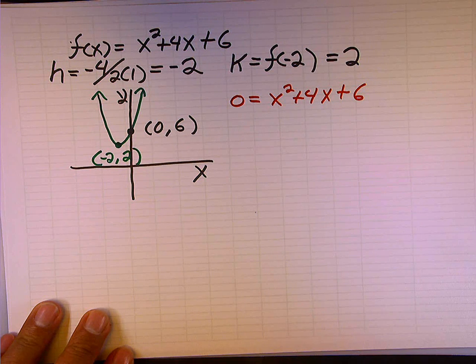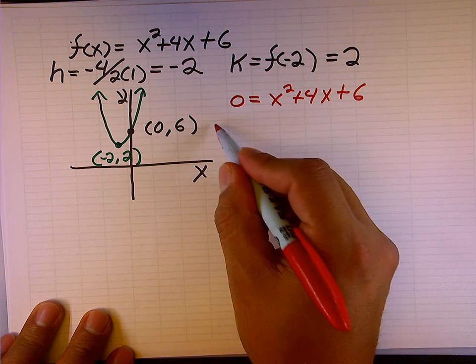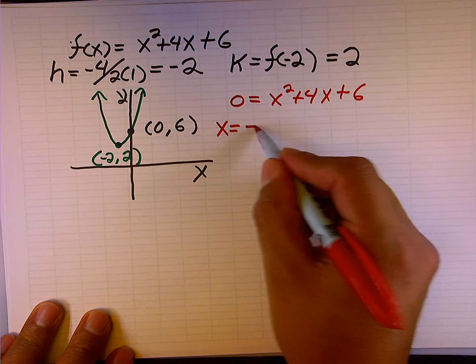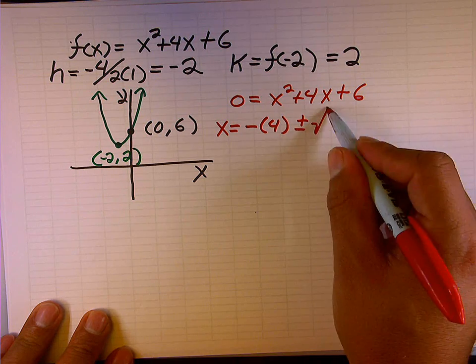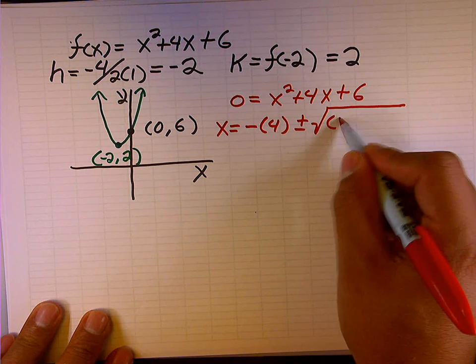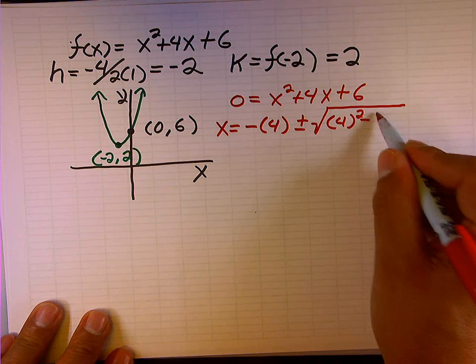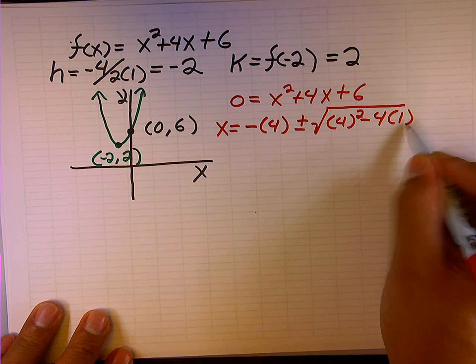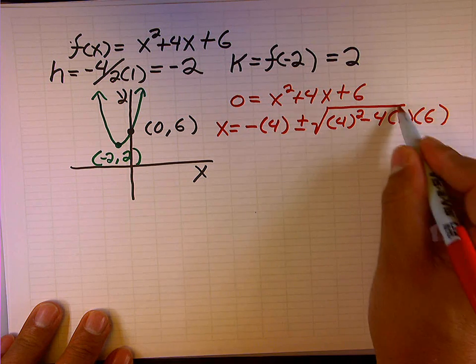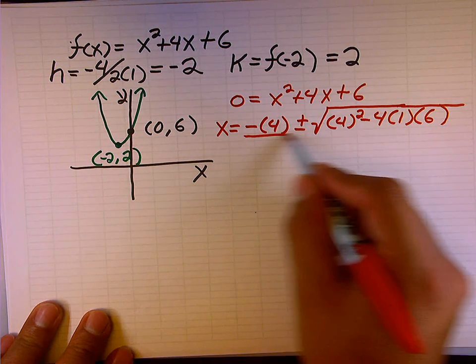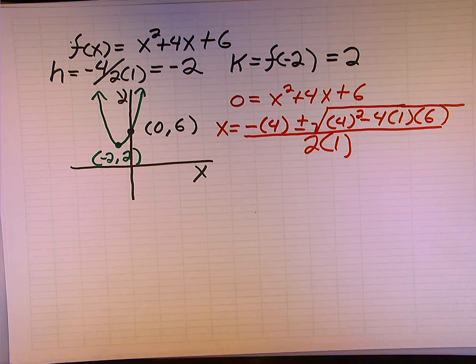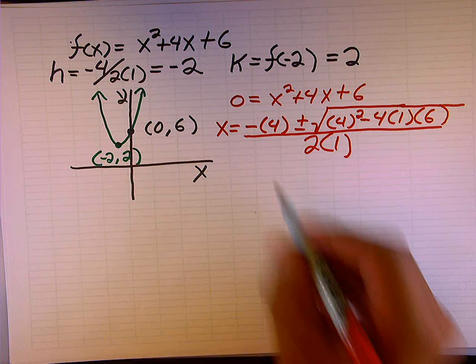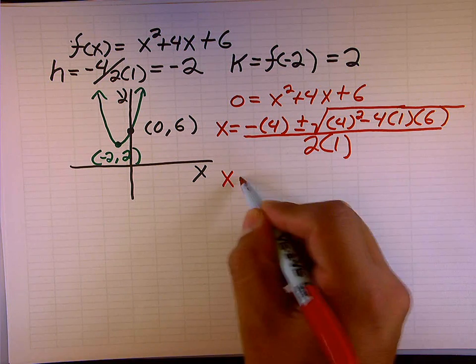And I'm going to attempt to solve this using the quadratic formula, where x equals negative b plus or minus the square root of b squared minus 4ac over 2a. Now, I'm going to simplify.